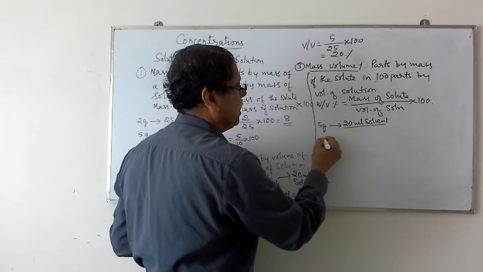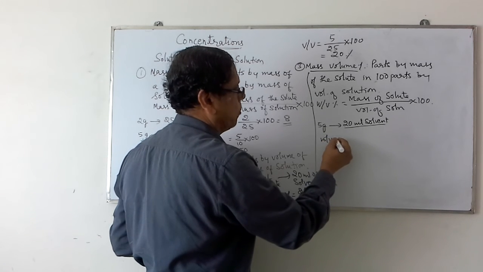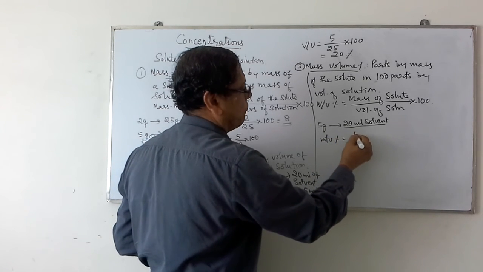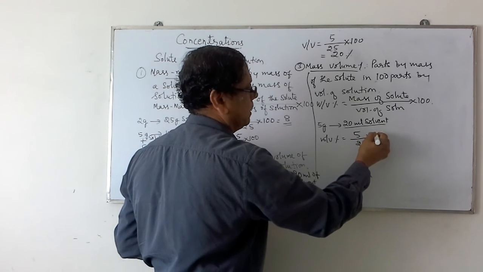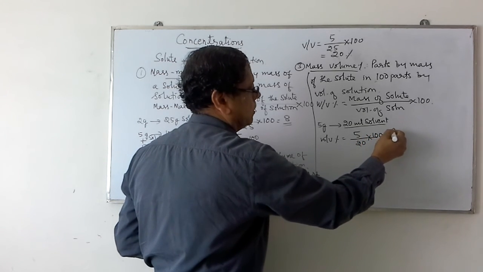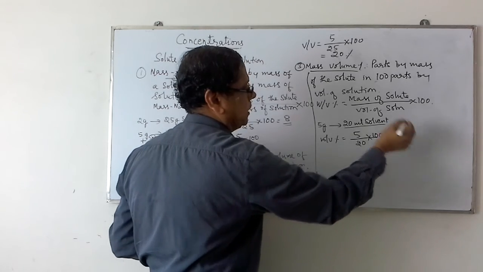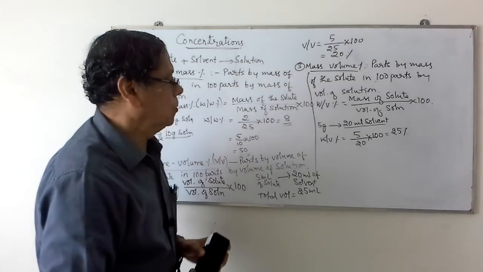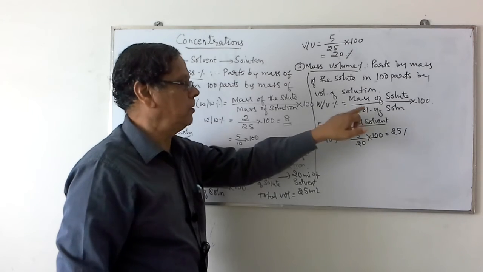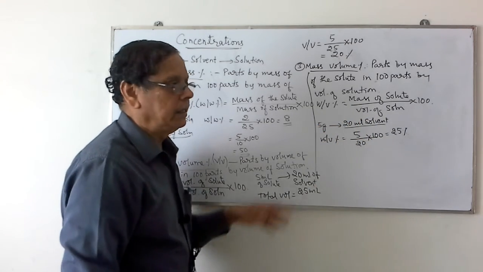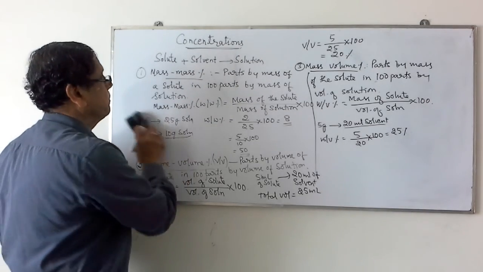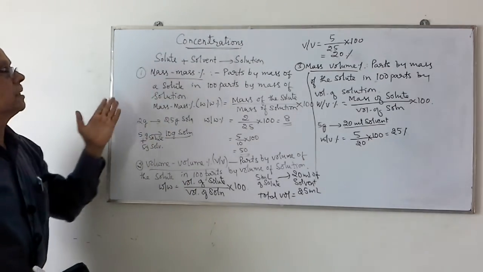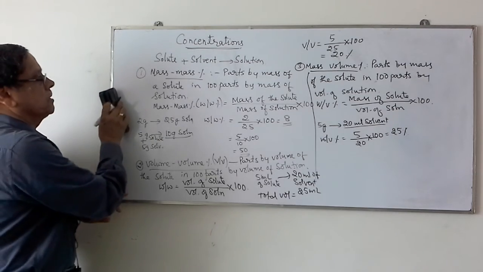Therefore, this weight by volume percentage is equal to 5 grams of the substance divided by 20 multiplied by 100. So it is 25%. So weight by volume is mass of the solute divided by volume of the solution multiplied by 100.